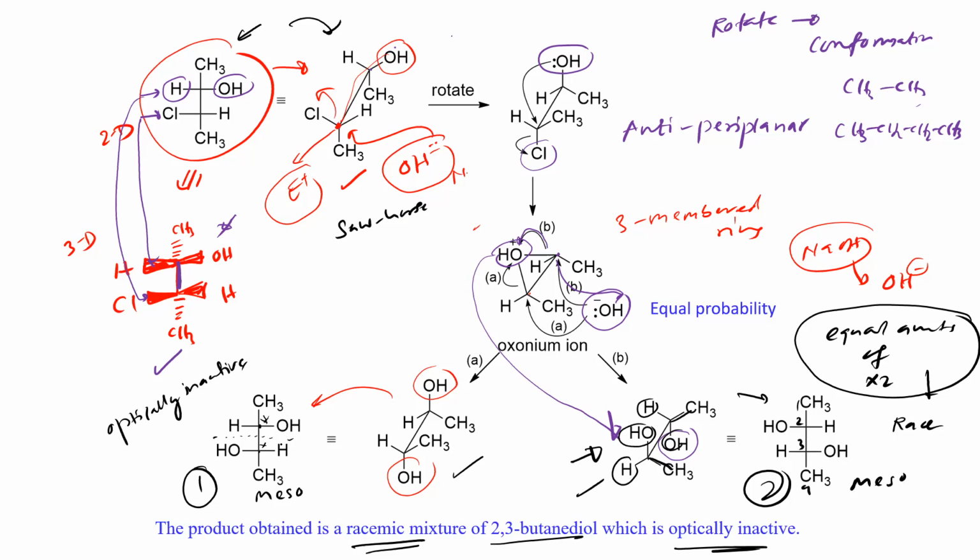Individually, these molecules are meso. Meso means you have more than one chiral center, but since the molecule is very symmetric, it has a mirror plane.